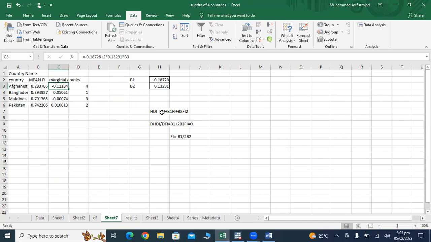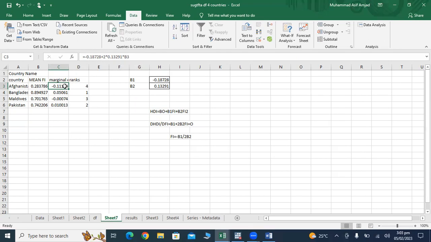Check the point. Beta 0 plus beta 1 are my first two variables. Their value is beta 1 plus 2 beta 2 FI. First, it's minus 0.187, which is my beta 1, plus 2 multiplied by beta 2, meaning 0.329 multiplied by B3.